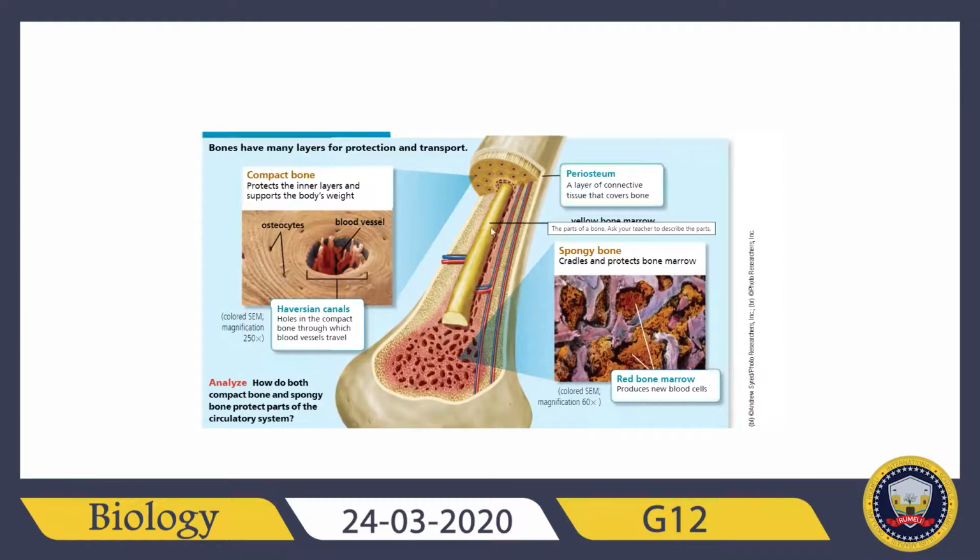So basically, guys, the yellow bone marrow here is the factory, and the red bone marrow, think of it as the product. Once this needs replenishing, the yellow bone marrow cells will turn into red bone marrow cells.